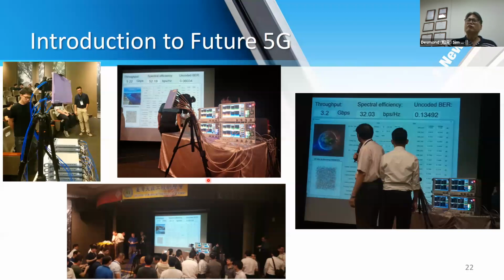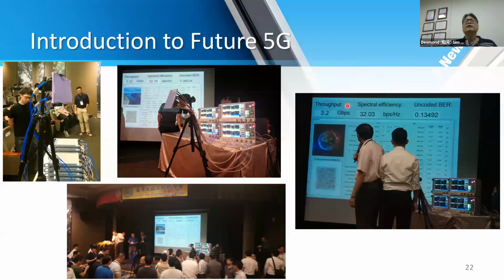In this picture on the right down here, Professor Wong is asking his student to use his left hand to touch the mobile phone in here. So if you have a hand effect holding this phone, then obviously the throughput will be reduced from 5 to 3.2 gigabits per second.